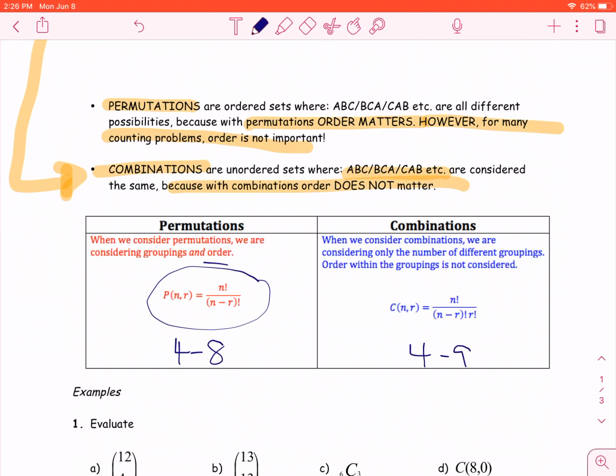Even going back to the vice president and president selection, order mattered, because once you chose the president, you had one less opportunity from the original nominees to elect for vice president. And for today we're going to work on 4.9, where this is the combination formula we're going to use, considering that for combinations, order does not matter.